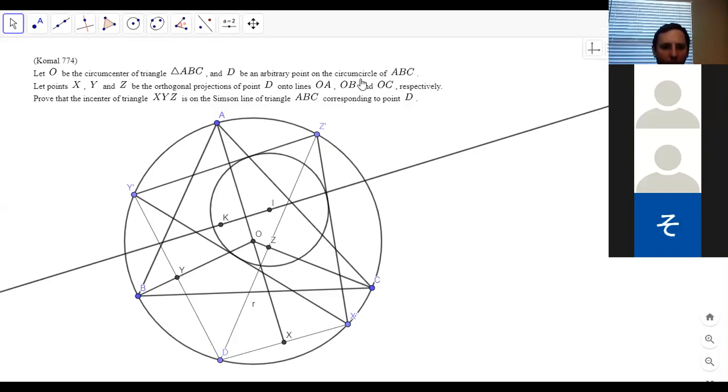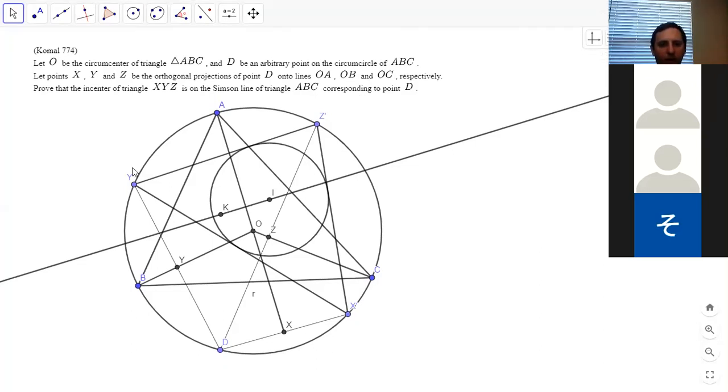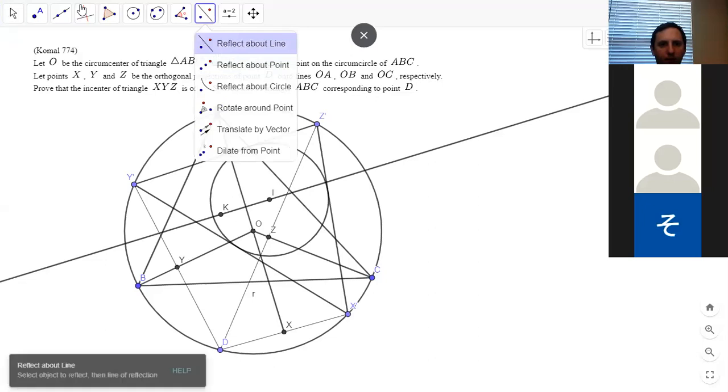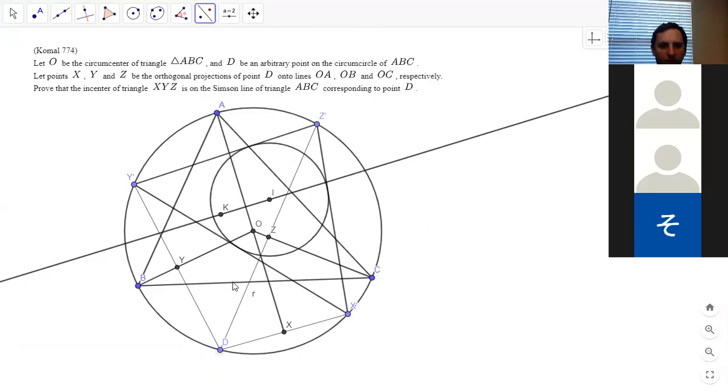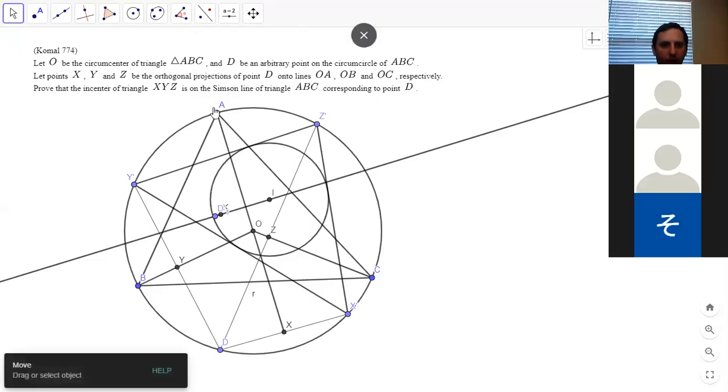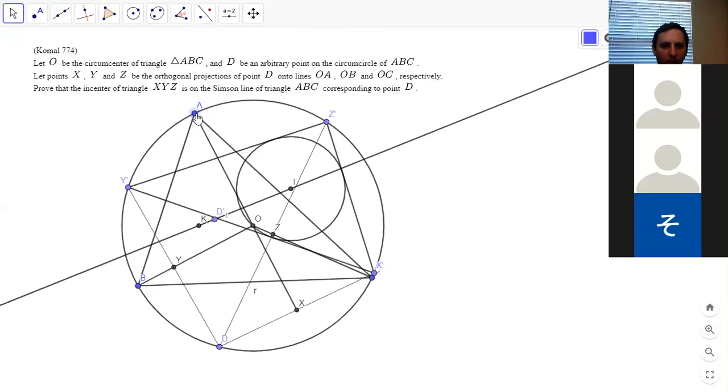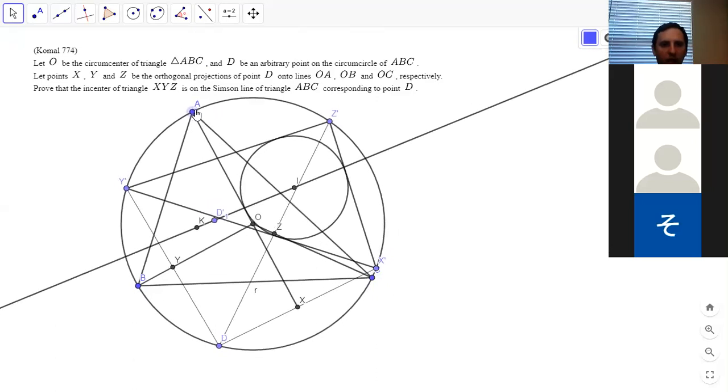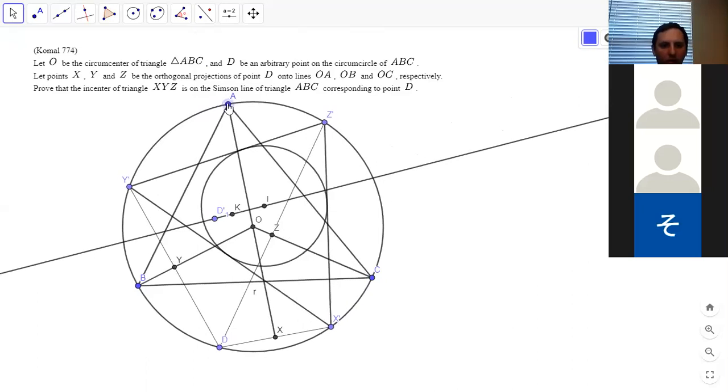B, A, and C are the midpoints of arcs. Can you reflect D across BC? All right. Oh, it looks like it might also lie on that line. Actually, the definition of the Steiner line is the reflections, and the orthocenter is on it. So we want to prove that these three are collinear.